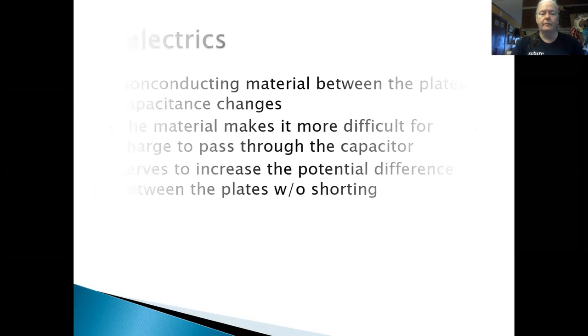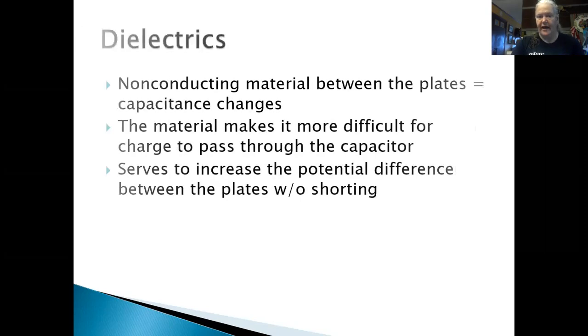So it keeps your dielectric from shorting out, basically, is what happens. It keeps the dielectric from shorting out and passing those charges between the two plates internally, which is not what you want. What you want to do is put the charges on the capacitor and let them sit, and then drain them off through some wire connection on the outside. So if it passes on the inside, you've lost that ability, so you don't want that to happen.